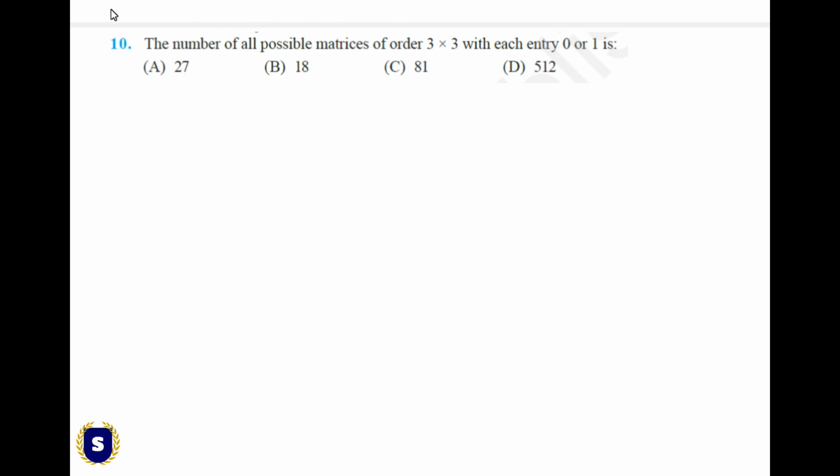In 3 cross 3 we have 9 elements, right? So for the 9 positions we have two possible things, 0 or 1. Either it can be 0 or it can be 1.